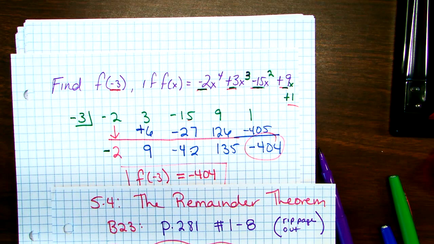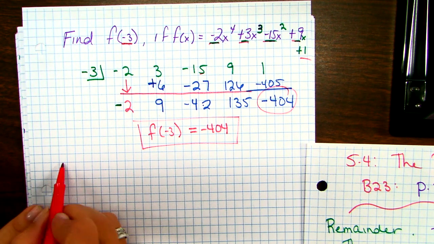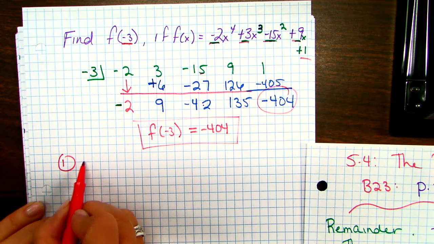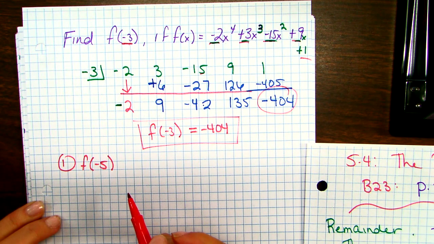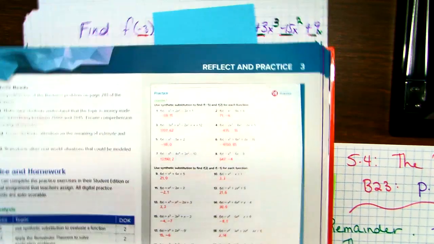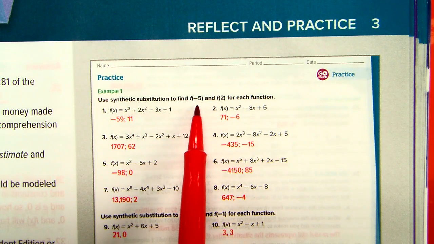All right, so starting with number 1, let me get you started. If you can do synthetic division, which most of you did great on the last test, this is really easy. So tell me how I can shorten this for you guys. 1 through 8 is having us do both, like find f of negative 5 and f of 2.